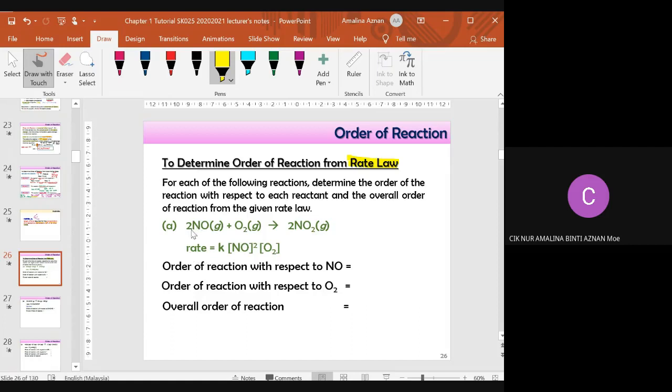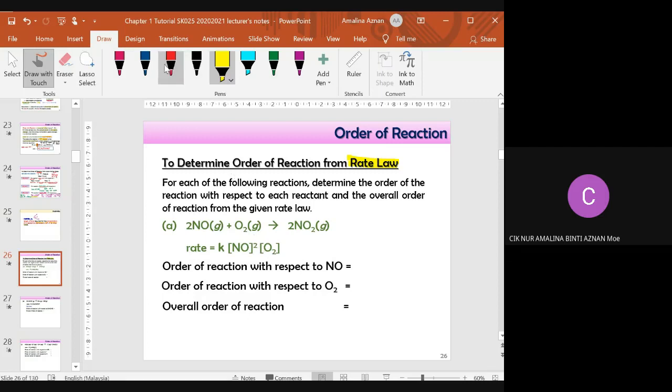Okay, so you are given this equation. 2 mole of nitrogen monoxide react dengan 1 mole of oxygen, kamu akan dapat 2 mole of nitrogen gas. Okay, so the rate law, rate is equals to K times NO2 to the power of 2.